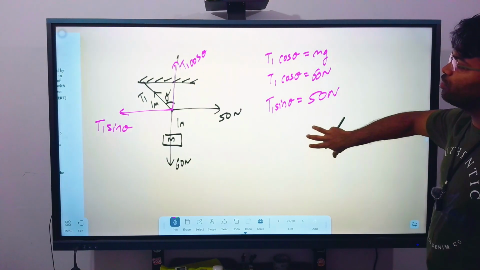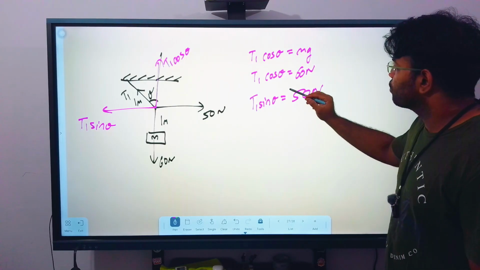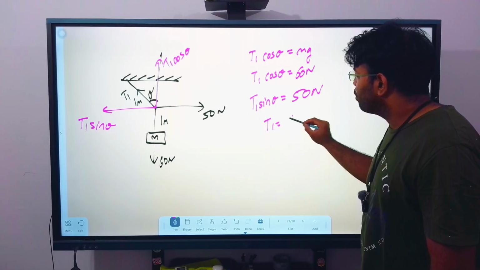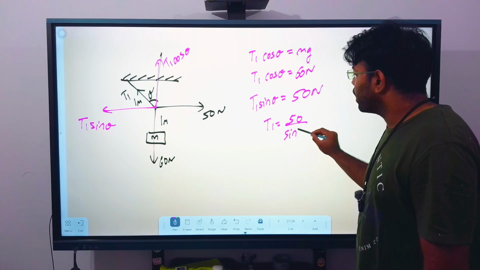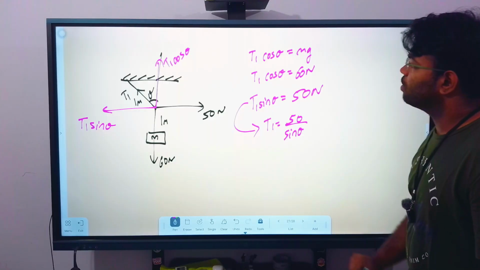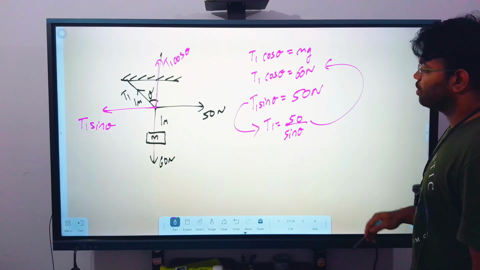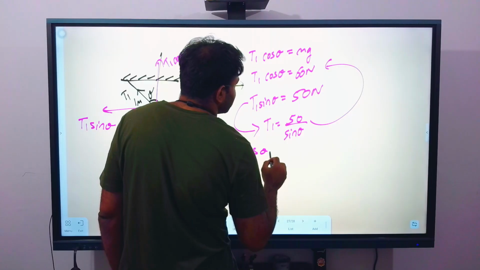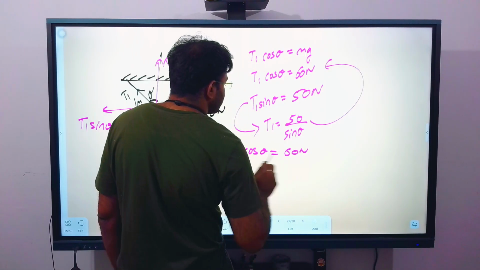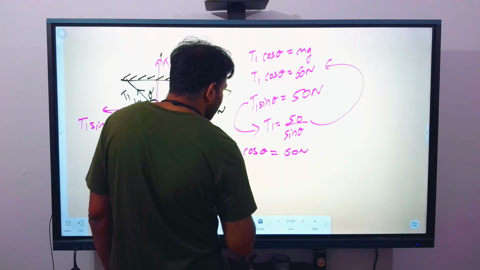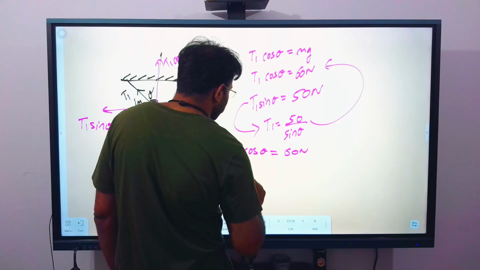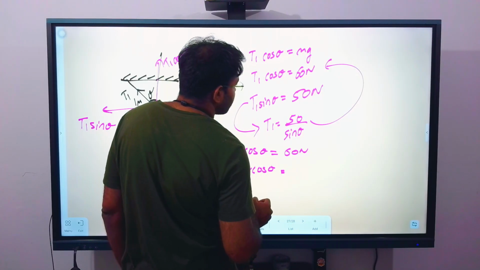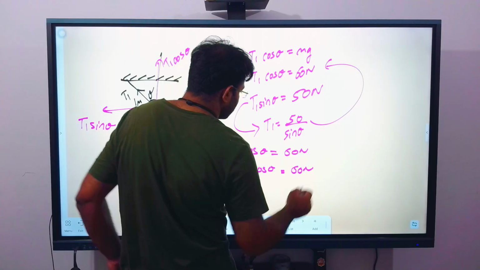Can I do something? Can I take the value of T1 as 50 upon sine theta from this equation, and put this here? T1 cos theta is equal to 60 newtons. Therefore, 50 upon sine theta multiplied by cos theta is equal to 60 newtons.